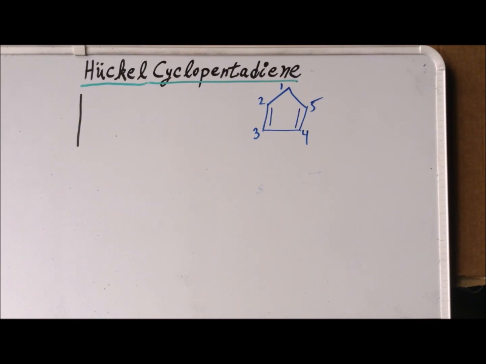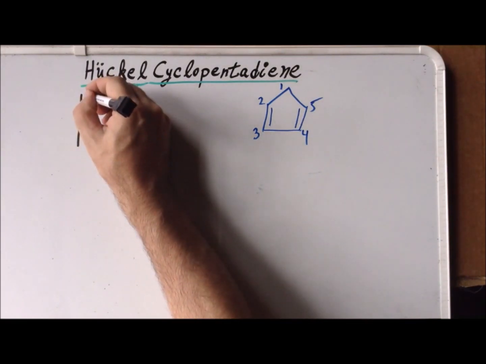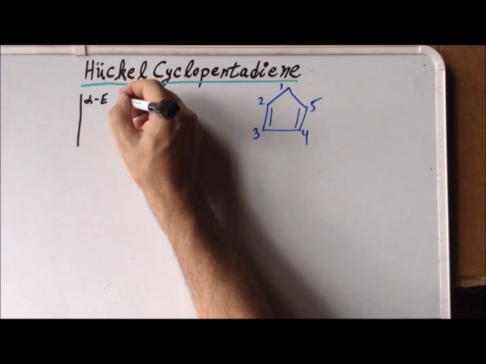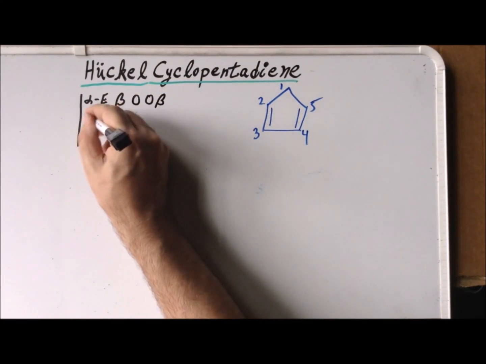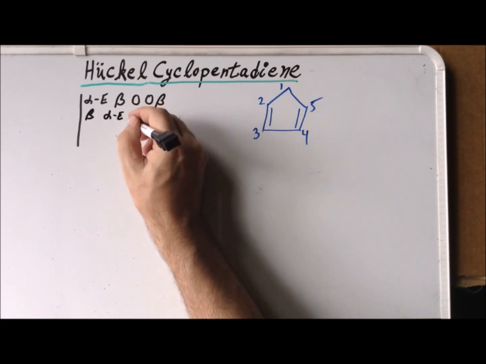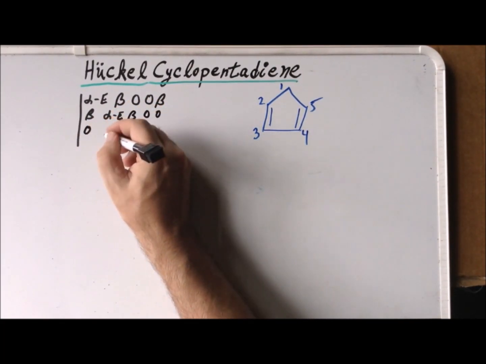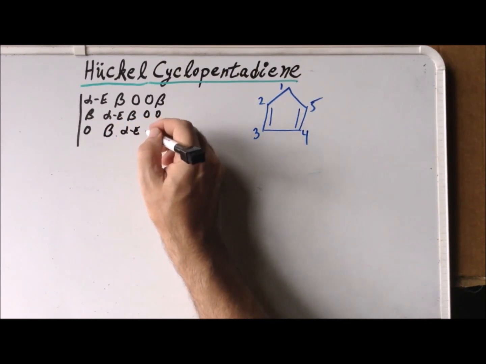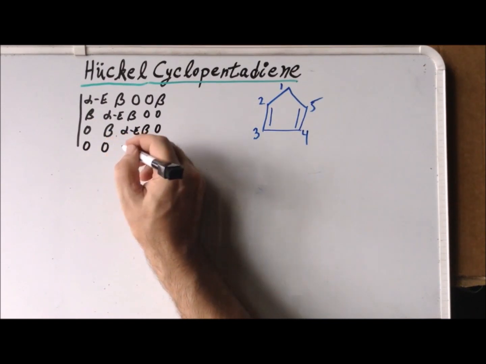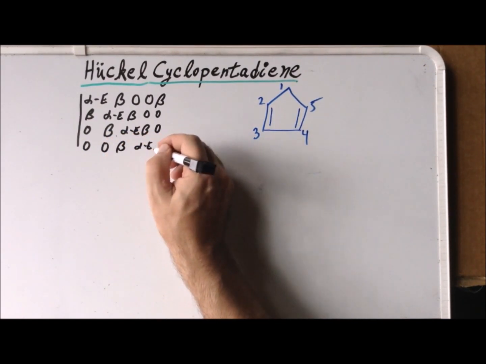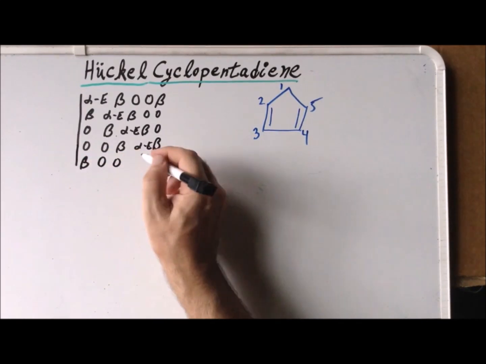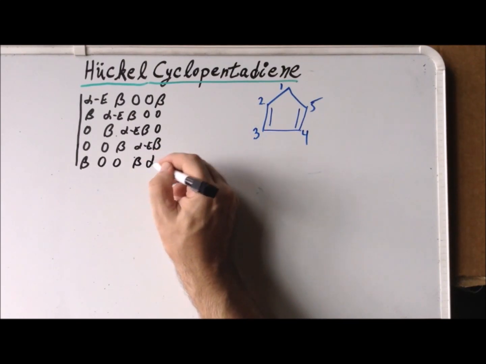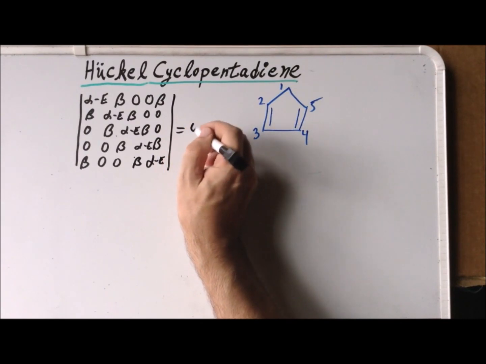Using the Hückel formalism, we know that we have to solve a particular secular determinant equation which has the following terms. And we set this equal to 0.